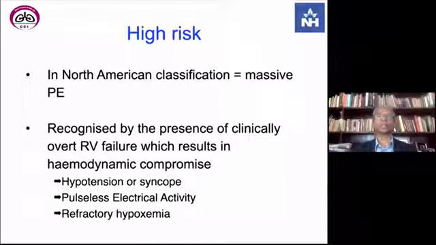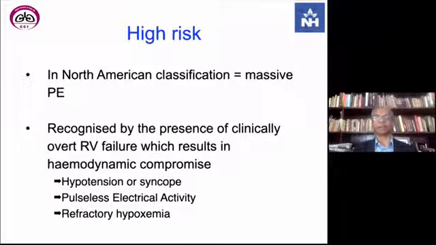So how is high risk classified? The North Americans use the term massive PE. The Europeans use a different term. They speak about high risk PE. And this is, as I've already said, recognized by the presence of a clinically overt RV failure, which has resulted in hemodynamic compromise. The most classic features being hypotension or a syncopal episode, which means brain perfusion came down abruptly.